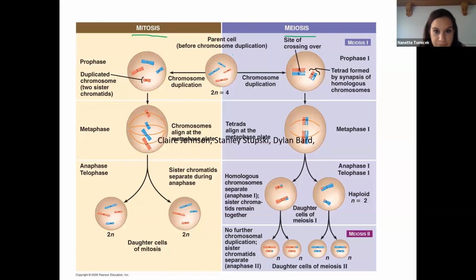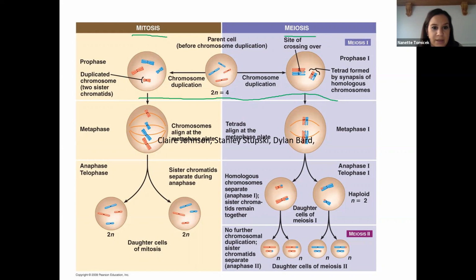So the big difference here between mitosis and meiosis, whenever we go through this preparation for cell division, in this first panel here, is that in mitosis, what's going to happen is we really need to pair up and match up all of our chromosomes in pairs.